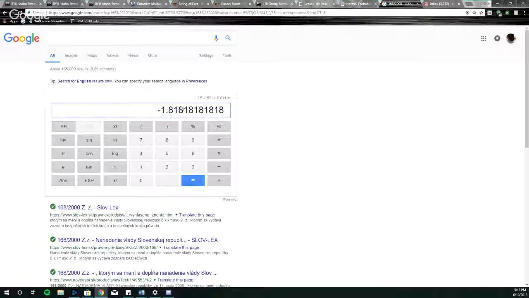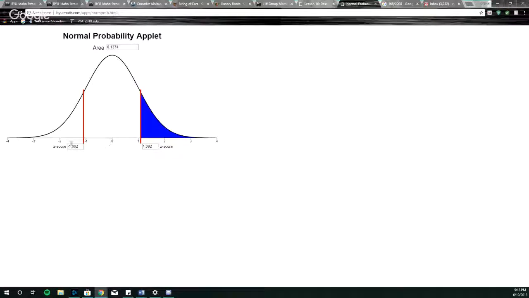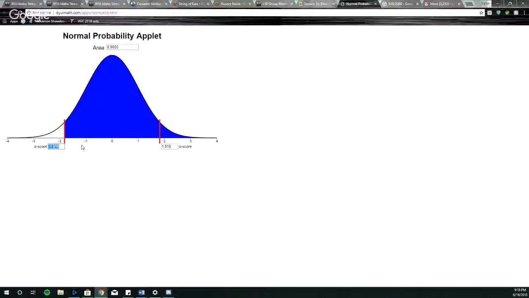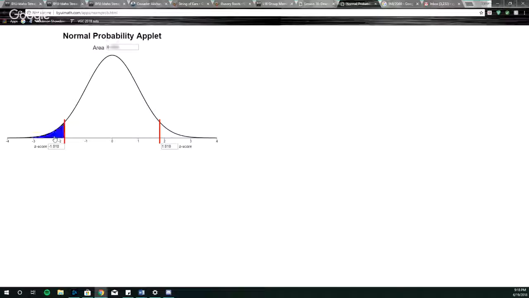And then if I put that into the probability of him losing, I got 0.0345. So a 3.5% chance of him losing.